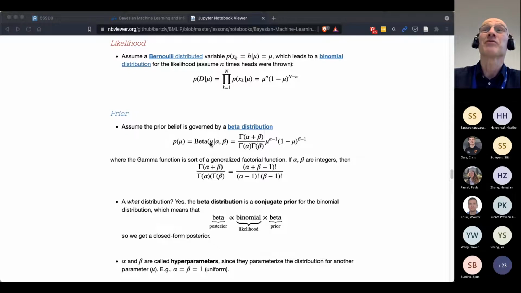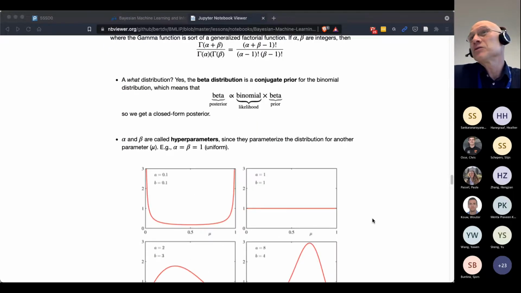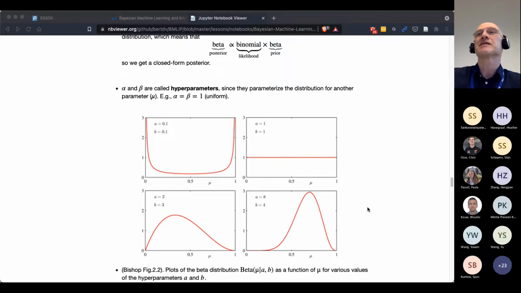The beta distribution has two parameters, alpha and beta, and those you can choose. If you choose both to be one, then basically you say, I have no idea about this coin, whether it's a fair coin or a biased coin. I give every possibility the same prior confidence, right?